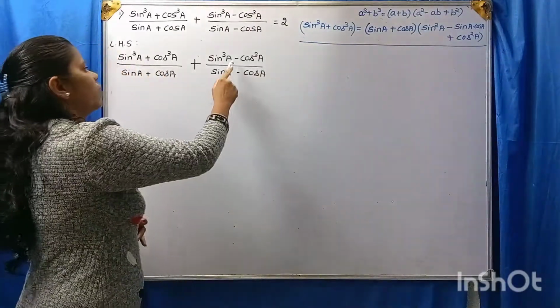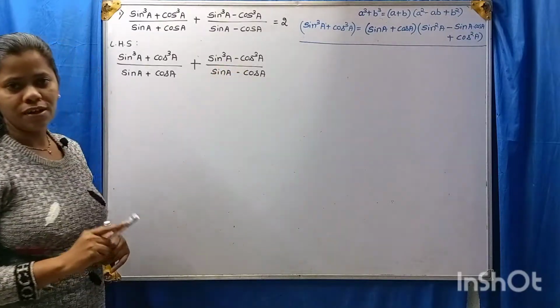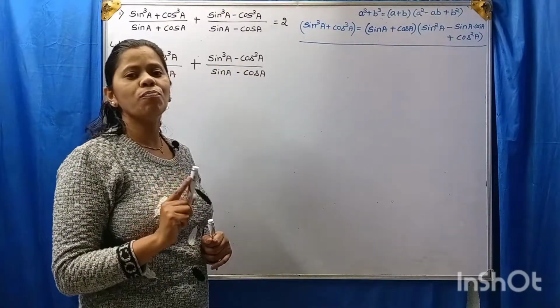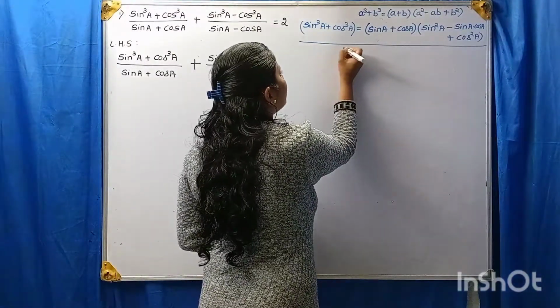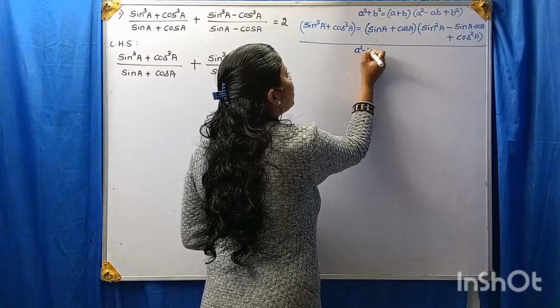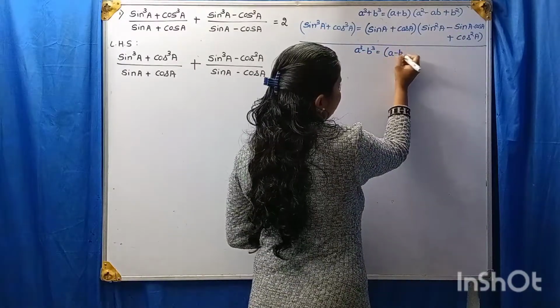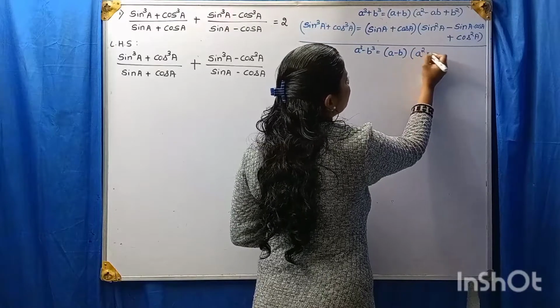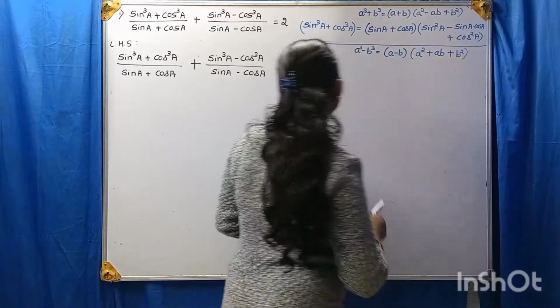Now observe this one. It is in the form of A cube minus B cube. And we know the formula of A cube minus B cube. What is the formula? A cube minus B cube is (A minus B) into (A square plus AB plus B square). Right?